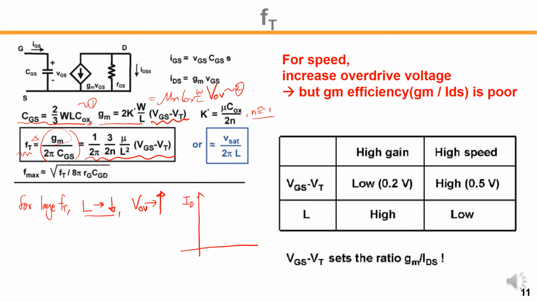As you can imagine, on the ID versus VGS curve, if you have a larger overdrive voltage above VTH, then you are flowing large current. In that way, the current efficiency, I mean the GM efficiency GM over ID, is poor, but the ft goes up, right?